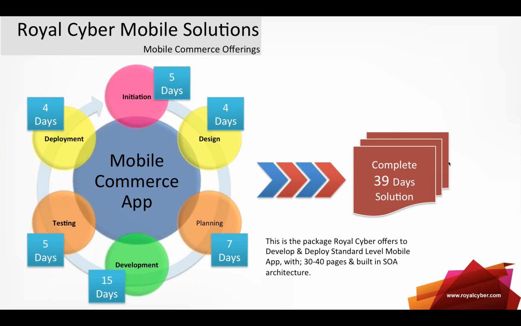One key note I like to identify here is that this is for small to medium size apps, not a large enterprise application. If it's more than 30 to 40 pages, then the solution does not apply. This is the package Rural Cyber offers to develop and deploy a standard level mobile app that is 30 to 40 pages and built in SOA architecture. So it's a complete 39-day solution.